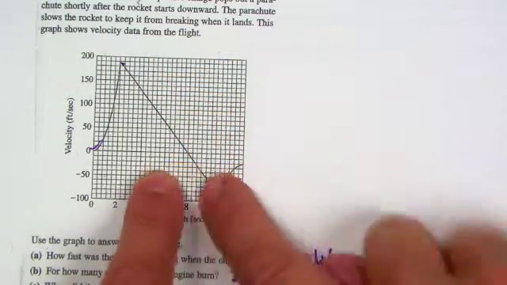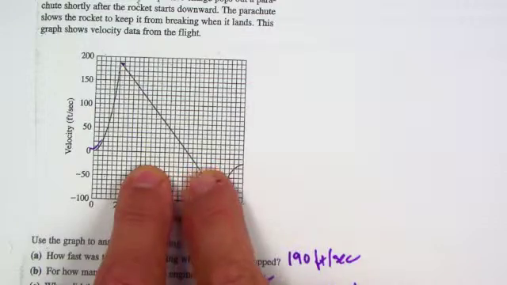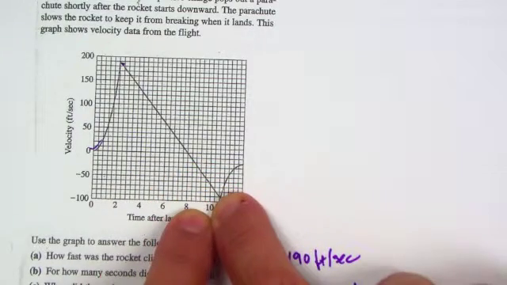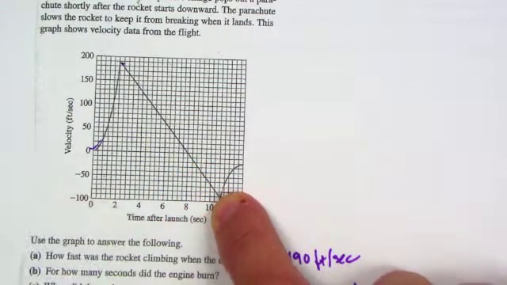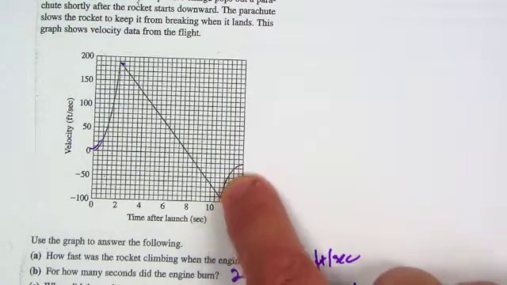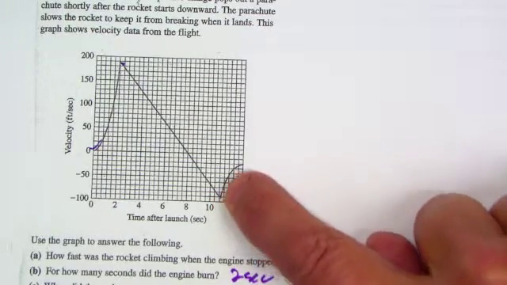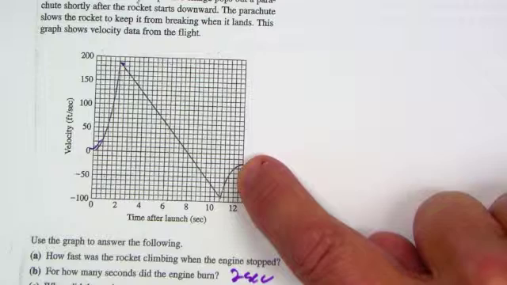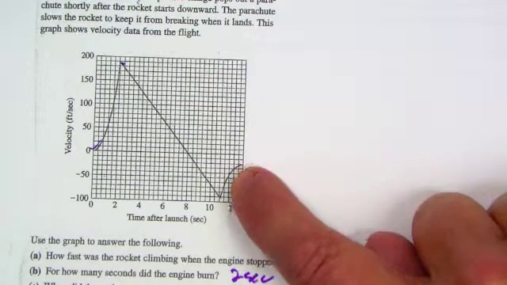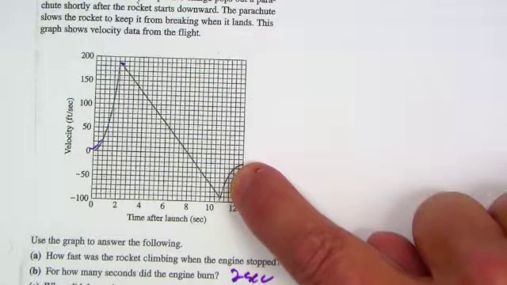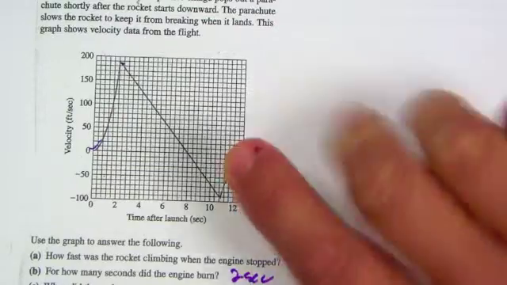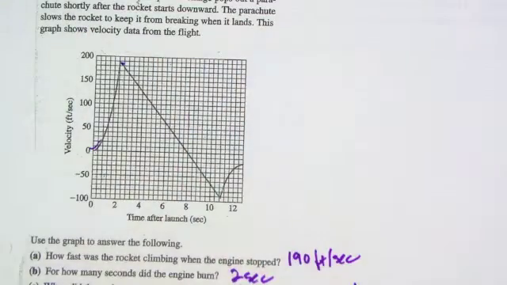And then here it starts to fall, and then all of a sudden some kind of little parachute pops out. And so what's it doing right here? It's still falling, but it's falling at a slower rate because the velocity is actually higher. Okay? So it sounds like you guys have a pretty good grip on that.